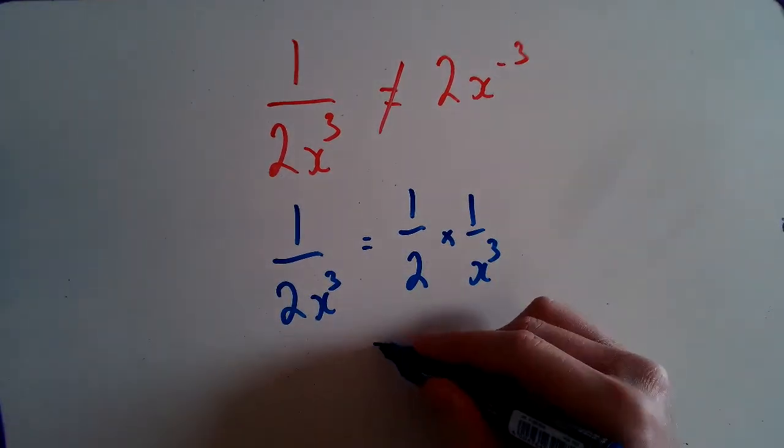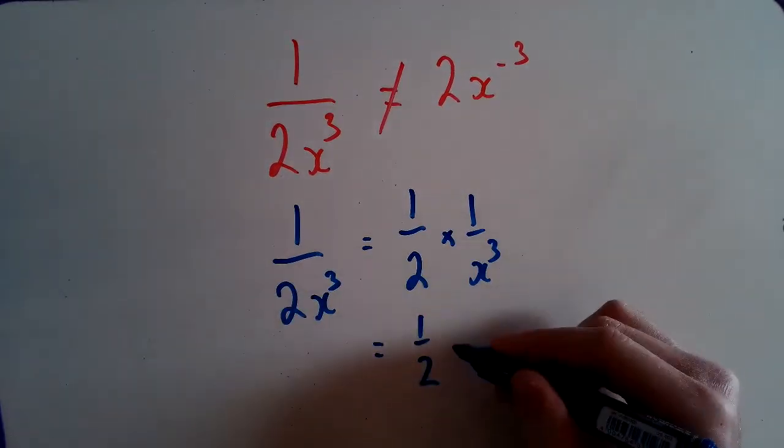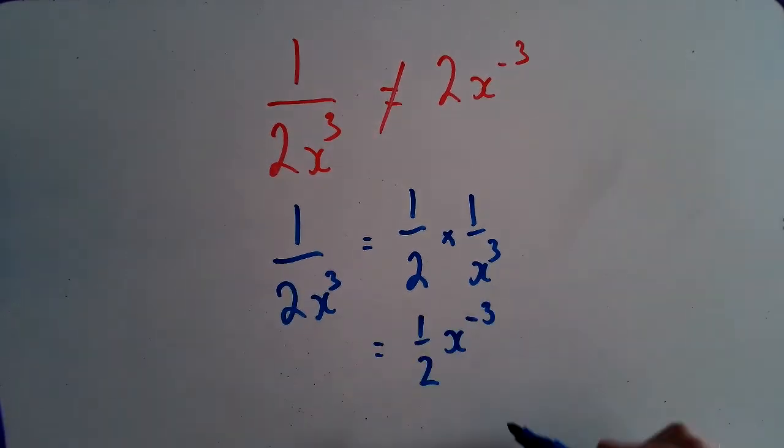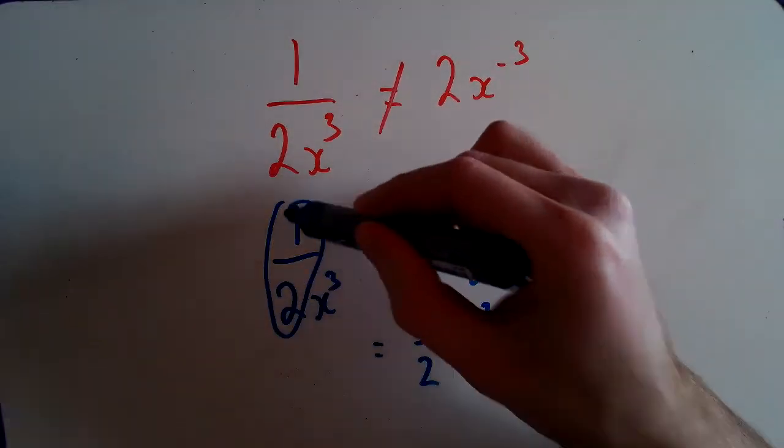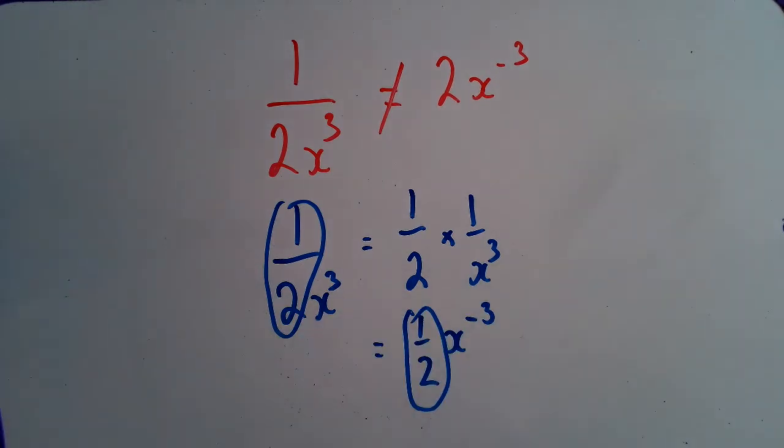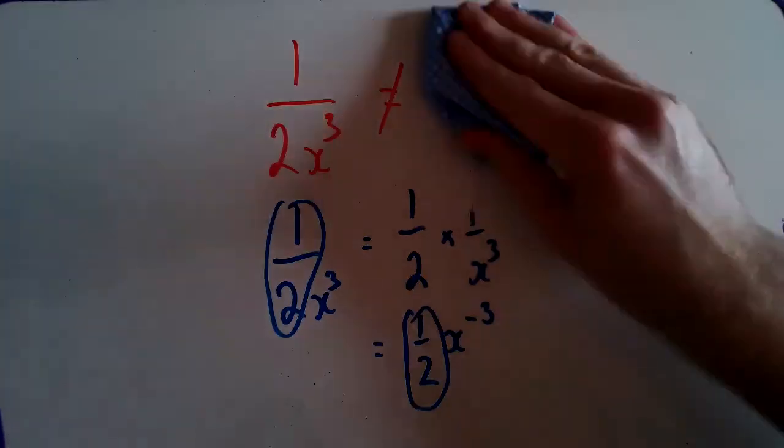So that just becomes 1 over 2, and 1 over x cubed is x to the minus 3. So again, the number stays as a number. It's only the bit that's attached to the power that changes. The x is attached to the 3, so it's the x that gets the minus 3. The half, the number, didn't change.